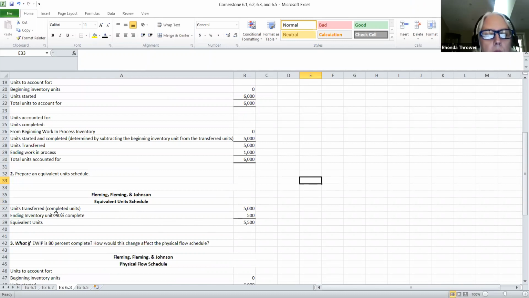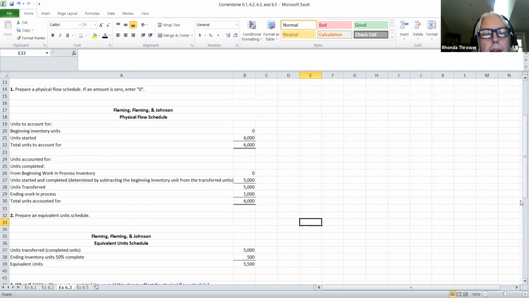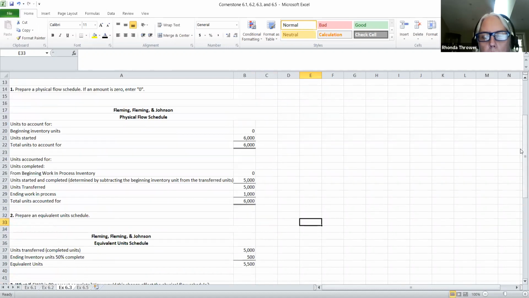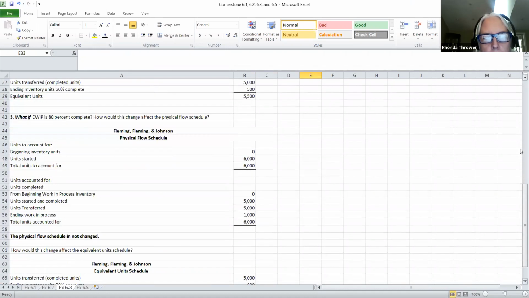We had some units that were transferred. These are the completed units that went out of work in process, and that amount comes from right here, 5,000, where the units transferred. At the top, I believe they told you that they were completed, but these are the ones that were transferred out.